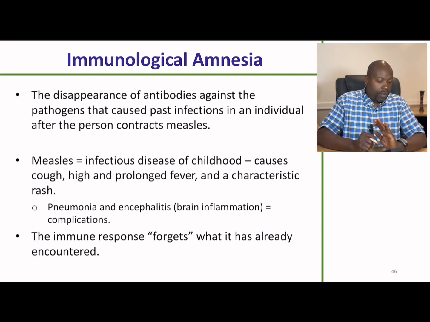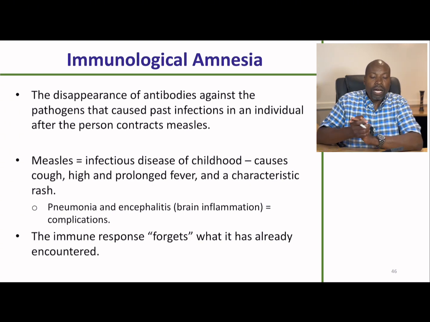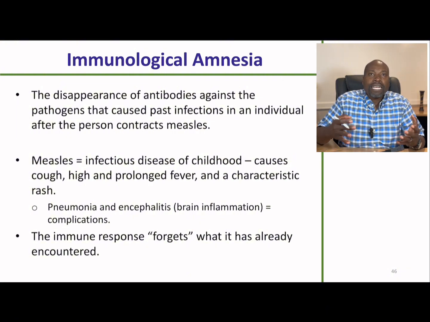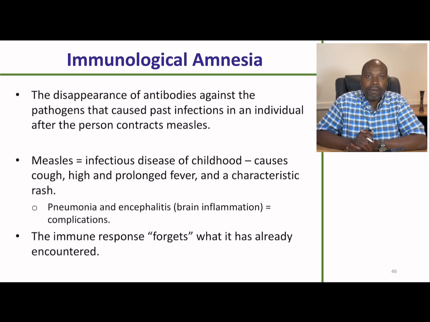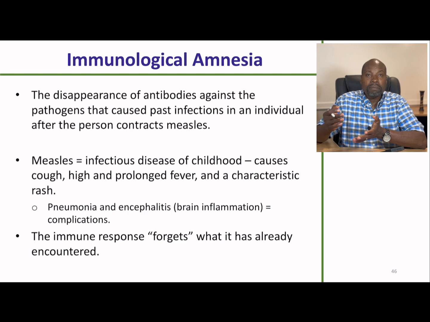All right, so there is a condition that we call immunological amnesia. That condition, immunological amnesia, is that we get infected, we are able to fight off that infection and withstand that infection. However, over time, our body is behaving as if we never actually encountered that infection before.